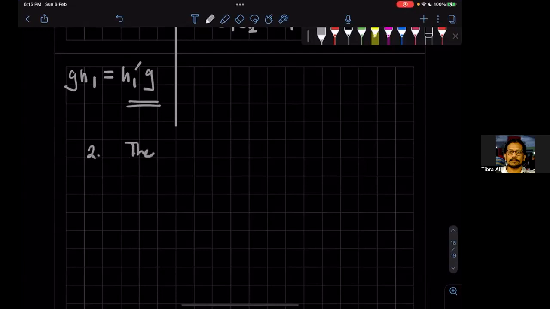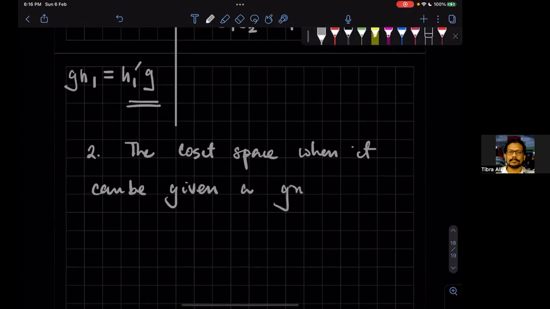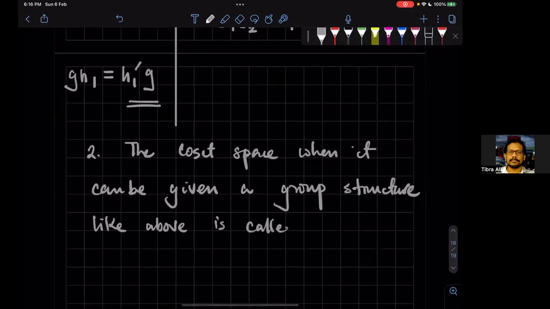So the next comment is that the coset space, when it can be given a group structure like above (there could be other accidental group structures we don't care about), is called, it has many names, but I think physicists usually call it a quotient group.